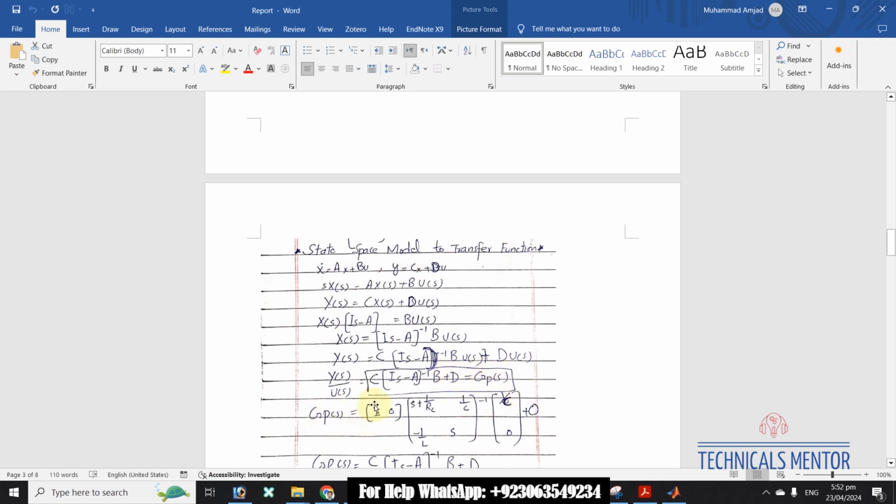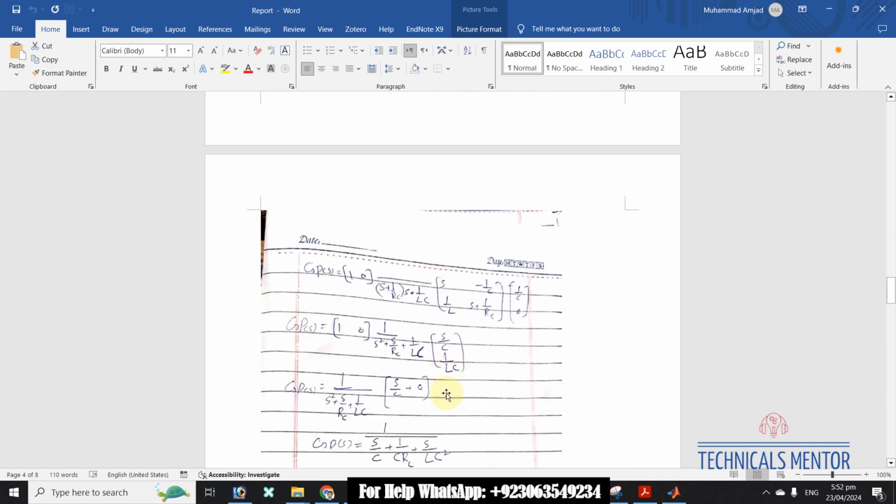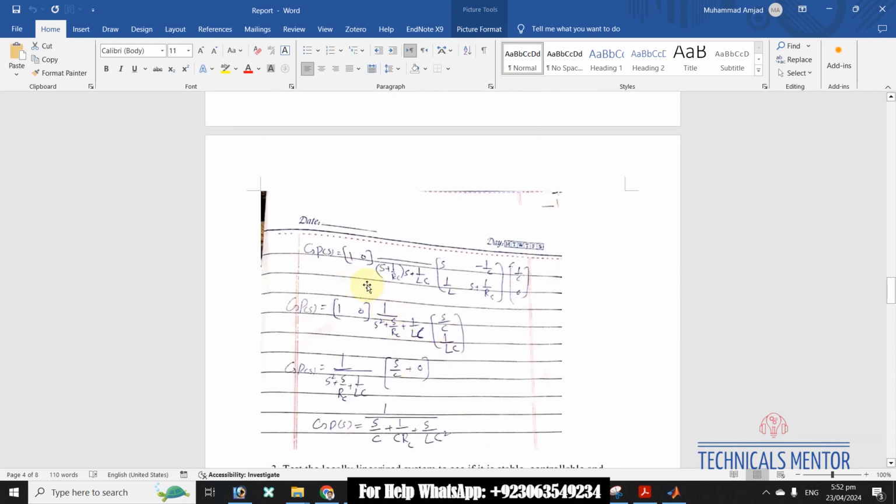G(s) is equal to 1 0 as a row matrix multiplied by the inverse of s times the identity plus the 2 by 2 matrix, s plus 1 over RC, 1 over C, minus 1 over L, s, and multiplied by 1 over C and 0, plus 0.